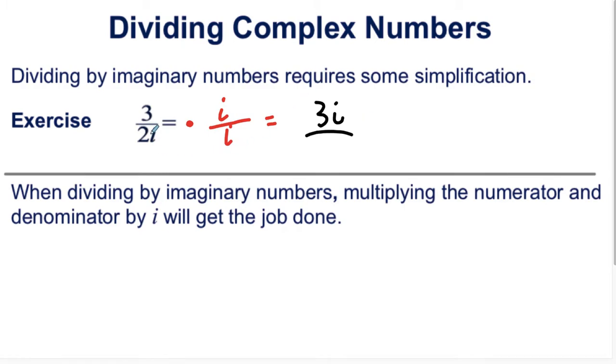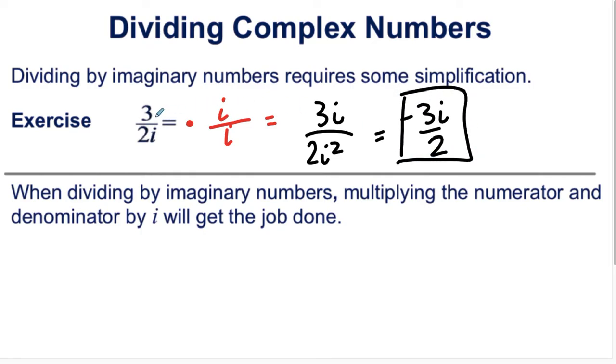Now, 2i times i becomes a real number, because this becomes 2i squared, and i squared is real. This ends up being a negative 2 in the denominator. So altogether you have negative 3i over 2. So 3 divided by 2i simplifies as negative 3i over 2.